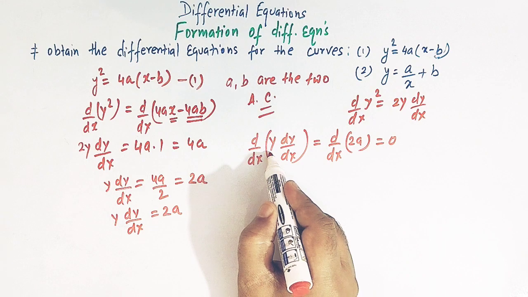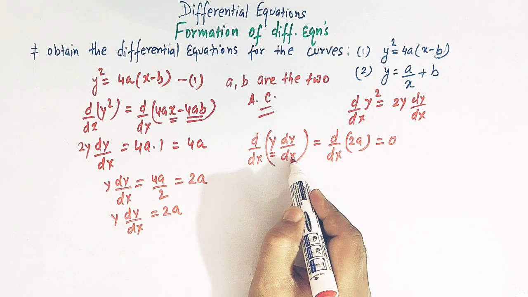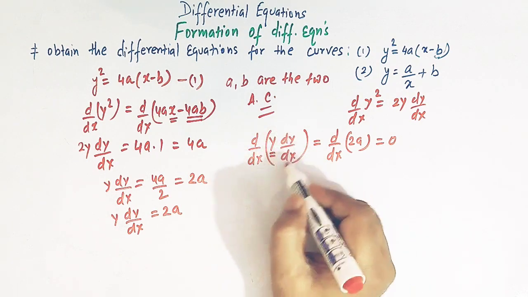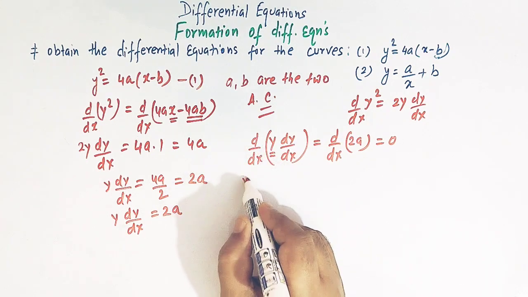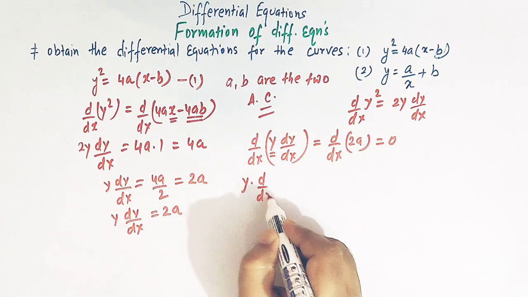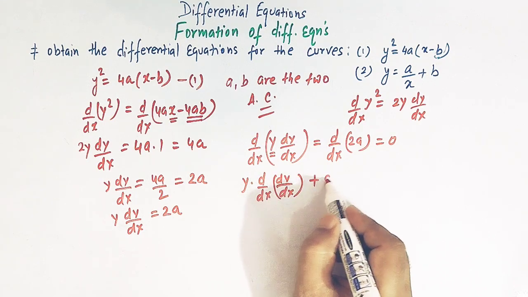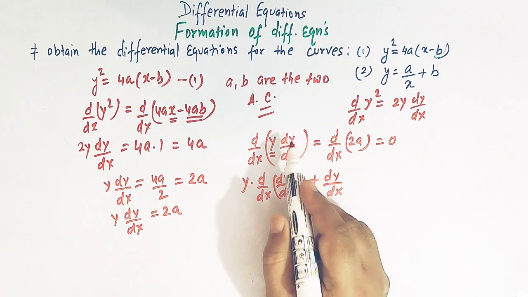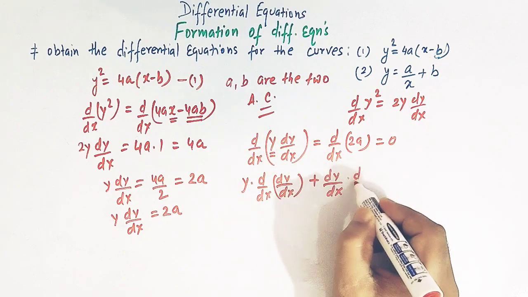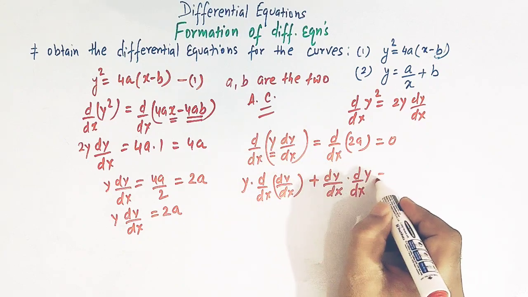And here we have y and dy over dx. So here we'll make use of the product rule: first function times derivative of second function, plus the second function, that is dy over dx, times the derivative of first function.